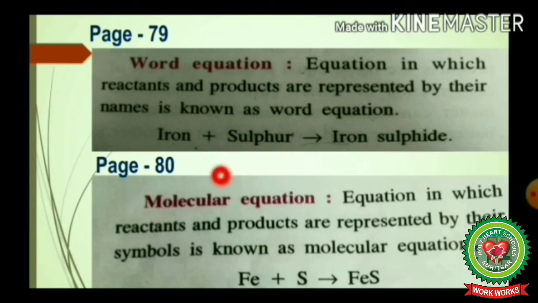Now open page number 80, molecular equation. Equation in which reactants and products are represented by their symbols is known as molecular equation. For example, Fe plus S to form FeS.